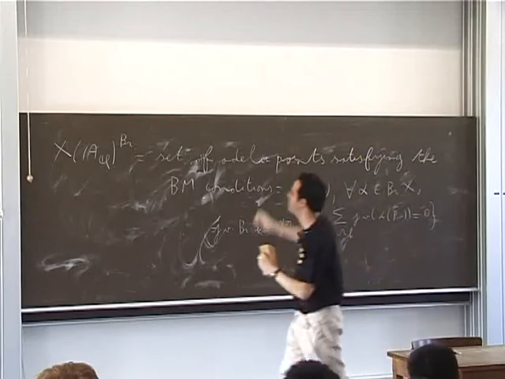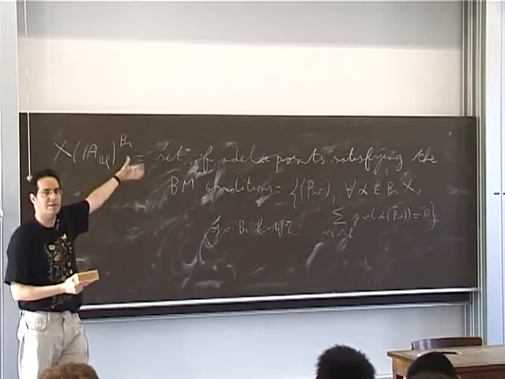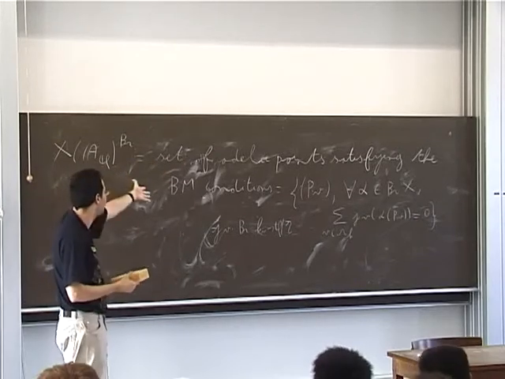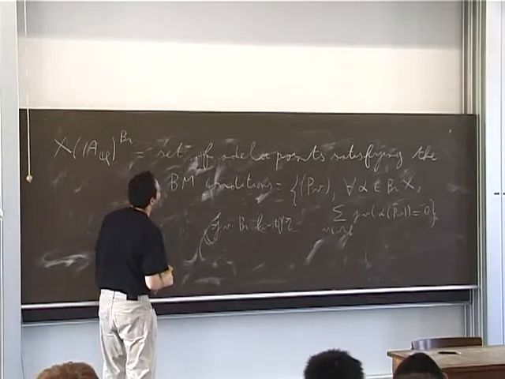So the statement by Skorobogatov says it is possible that this set is non-empty: there is at least one adelic point satisfying the Brauer-Manin conditions, but the set of rational points is empty.